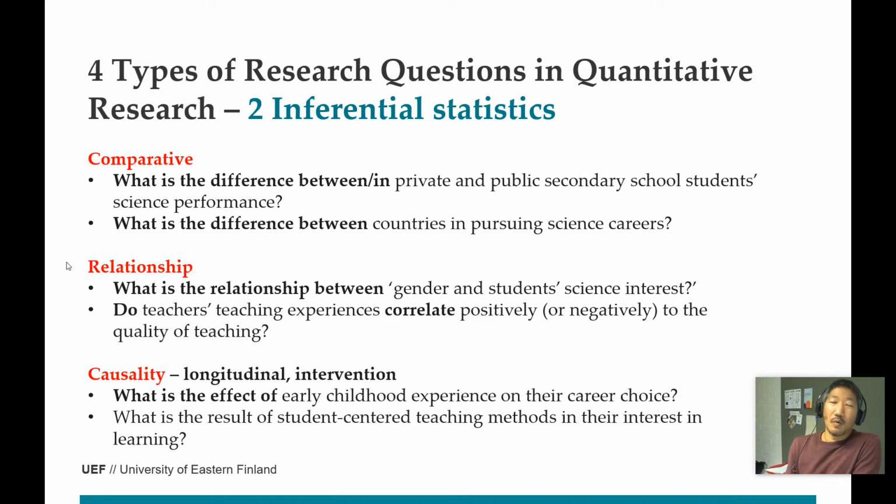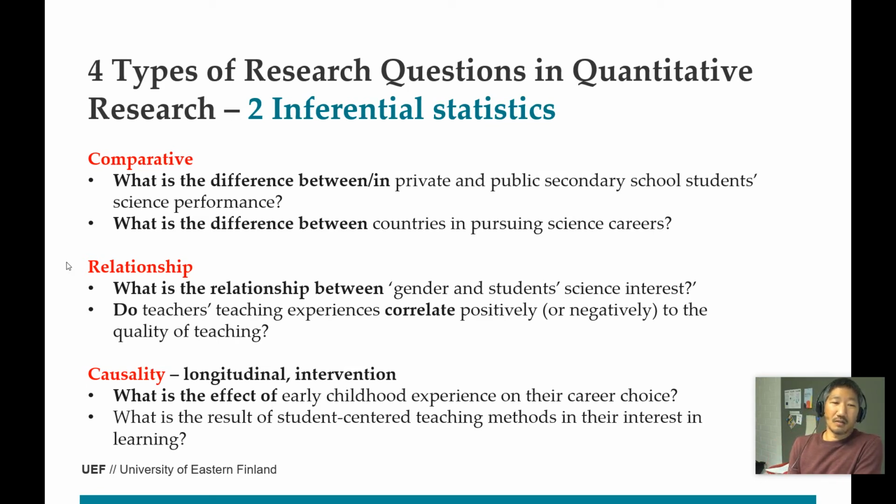More boys prefer to study physics than girls. So there must be a relationship between gender and student interest and aspiration. Another example can be, do teachers' teaching experience correlate positively to the quality of teaching? So it tackles how the teacher's years of teaching experience affect the quality of their teaching.